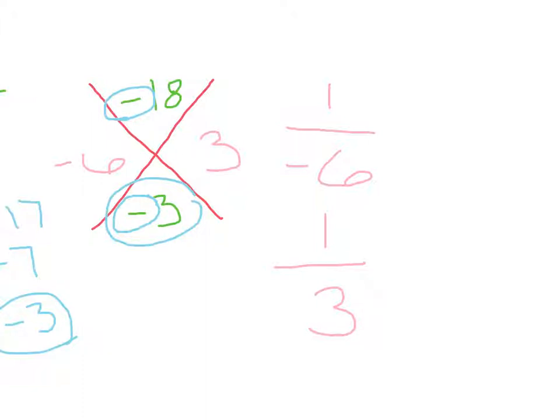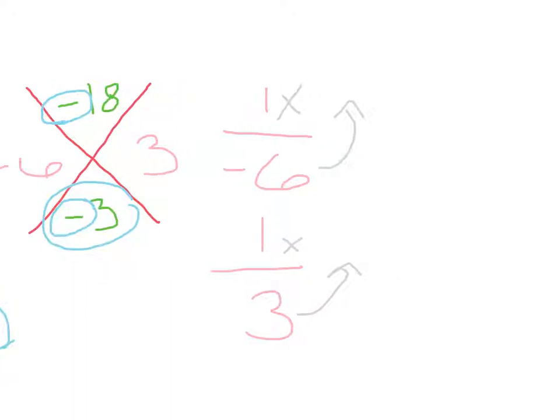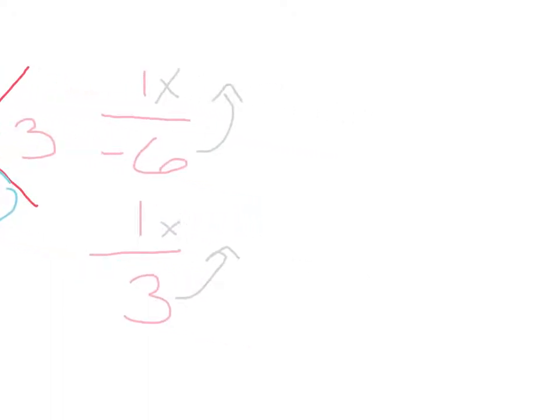So all I have to do is add an x next to the 1 and move these numbers next to here, which would make them into the equations that we need, which would be x minus 6 and x plus 3.